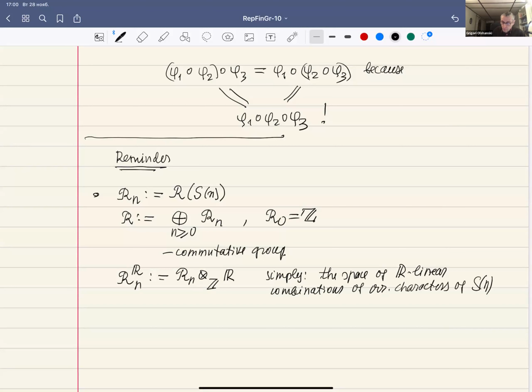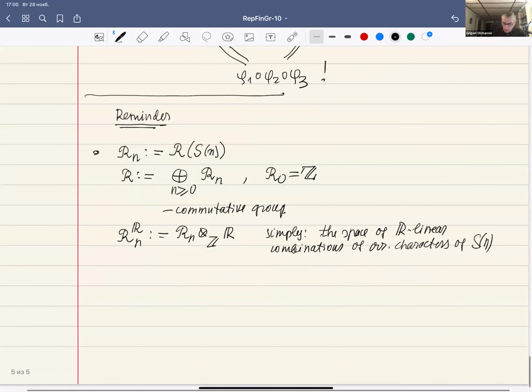So this object is a lattice, a torsion-free abelian group, and this is a vector space over the real numbers of the same dimension. Okay. And likewise, we will write this as the direct sum of these vector spaces.